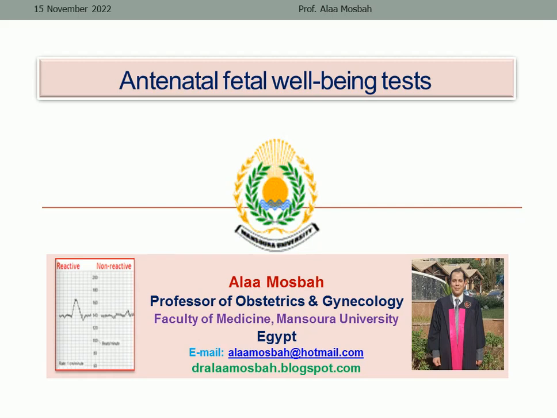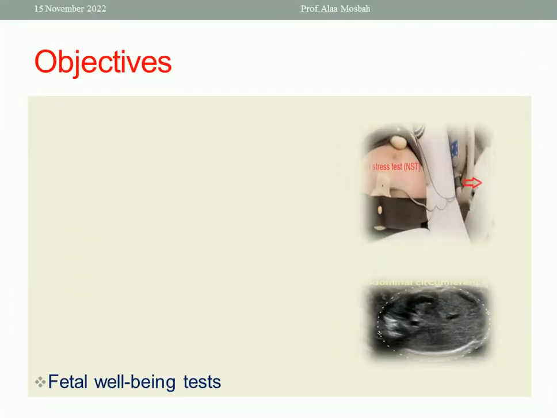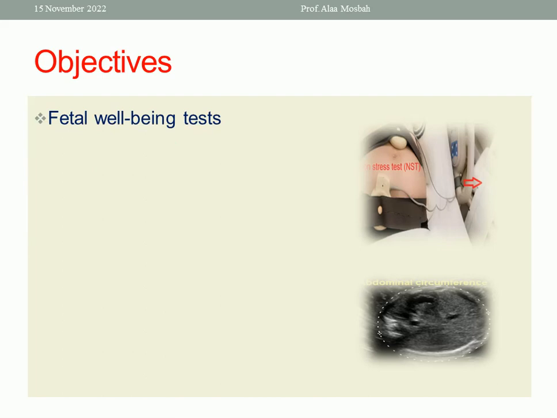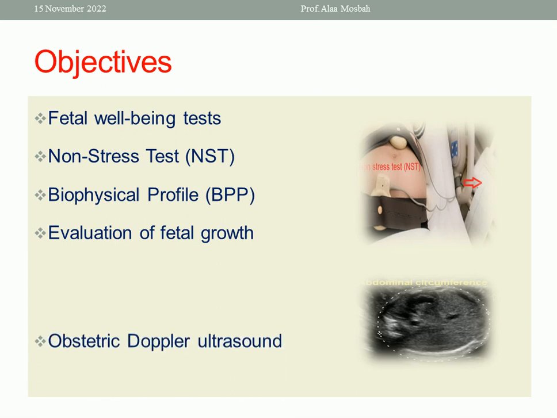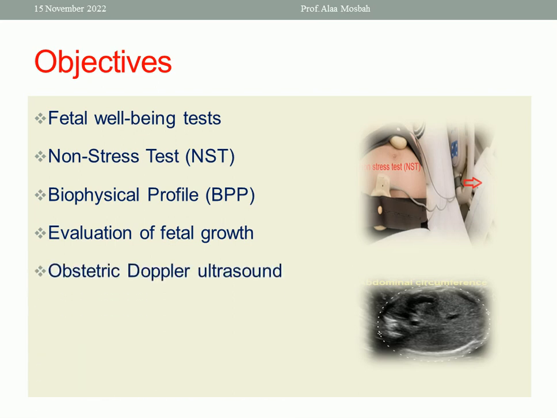So what we want to discuss today: the aim of fetal well-being tests, and the different tools used, like non-stress test, biophysical profile, evaluation of the fetal growth, obstetric Doppler ultrasound, and fetal movement count. As you see, these 5 items are included in antenatal fetal well-being tests.